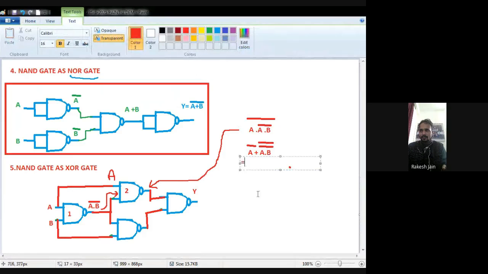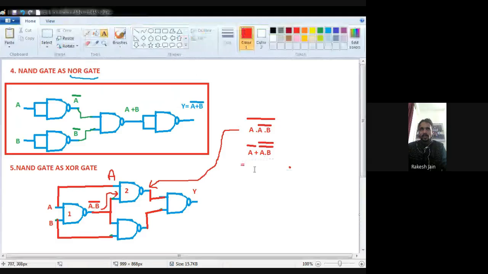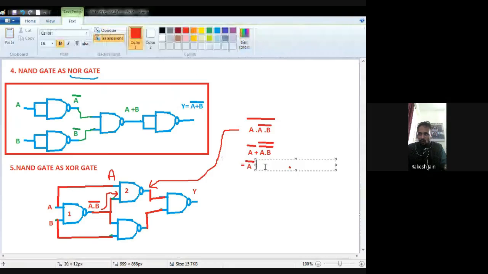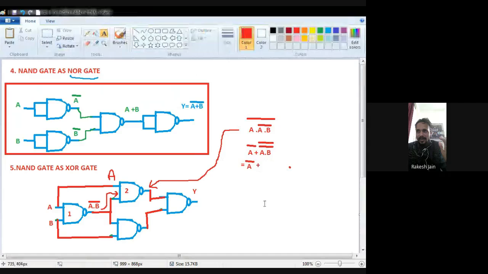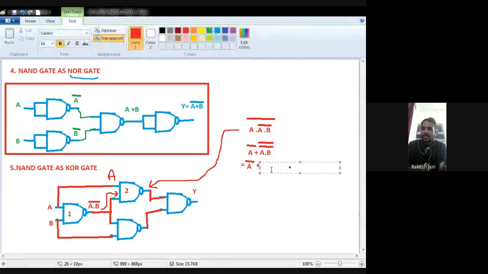Okay. So now see what it is. It will be equal to A bar plus A dot B having a bar to bar. So bar to bar will cancel out with each other and only A dot B will be remaining.